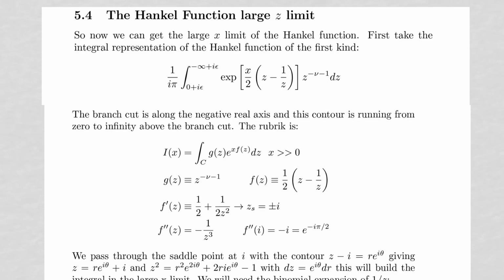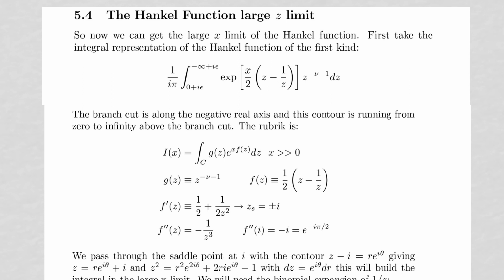So we've got this all set, and in the last lesson we came up with an integral representation of the regular Hankel function, and it is a contour integral in the complex plane.